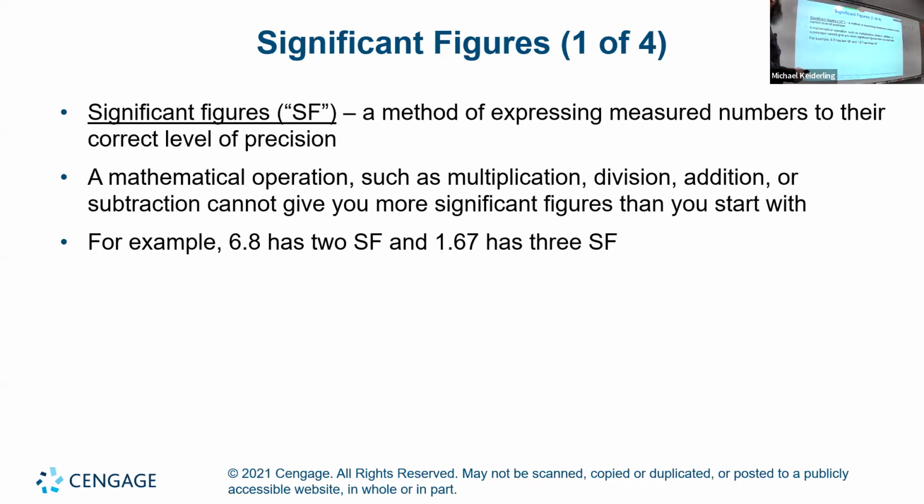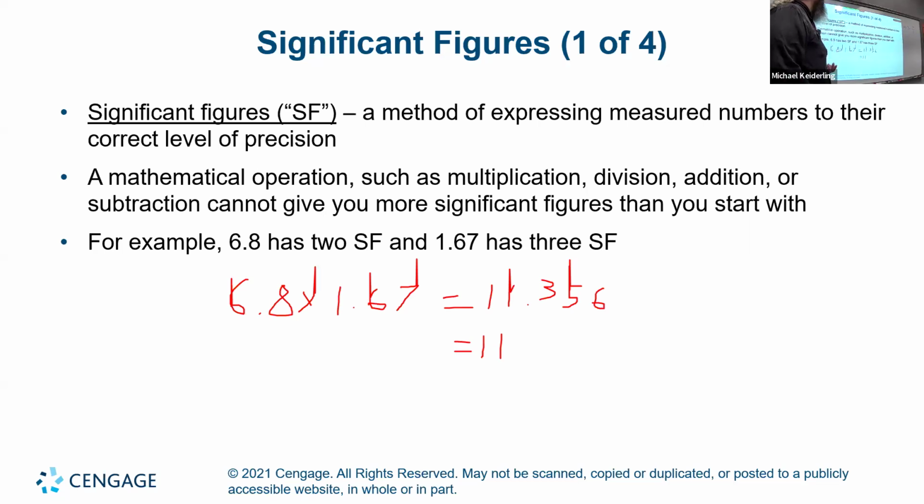So, for example, 6.8 has 2 significant figures, 1.67 has 3 significant figures. If we do math with these 2 numbers, we need to express the same limited precision that we had going in.